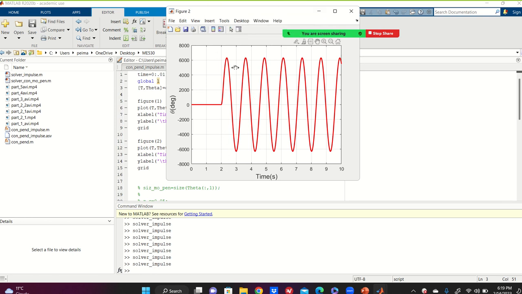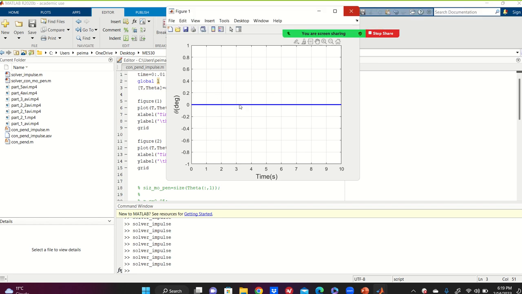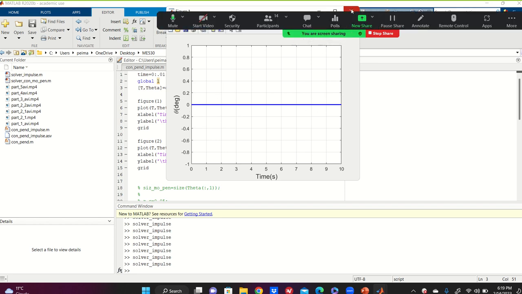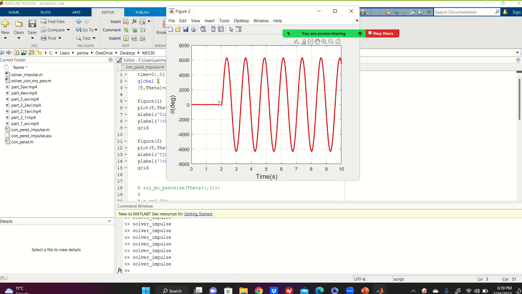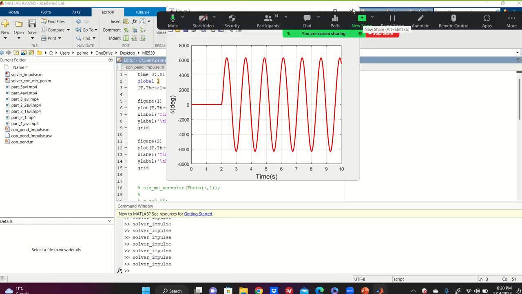See what I'm saying? Without any input, it is 0, remains stationary, doesn't move. But when I apply the delayed impulse, it's gonna oscillate forward, as we derived mathematically. It goes to 600 degrees, back to 800 degrees.